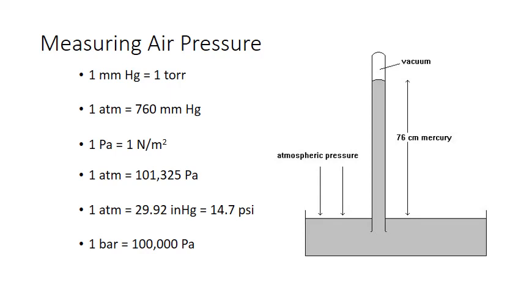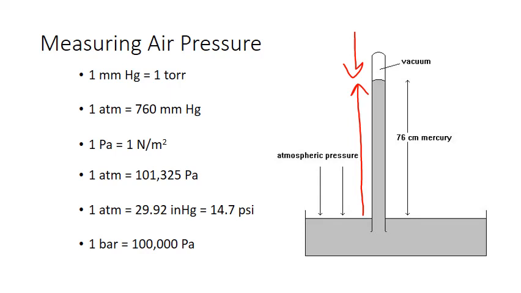Gas particles collide with the surface and exert a force, and that force actually pushes the liquid up the tube. At the same time, the weight of the liquid in the tube exerts a force in the opposite direction. So this is associated with the force of gravity acting on the mass of the liquid mercury in that tube.